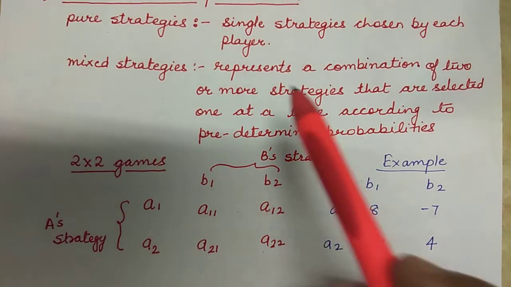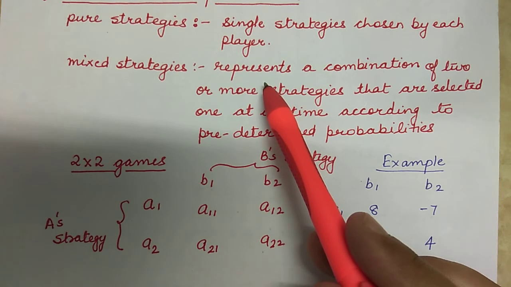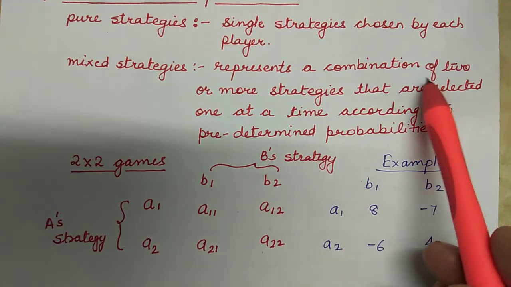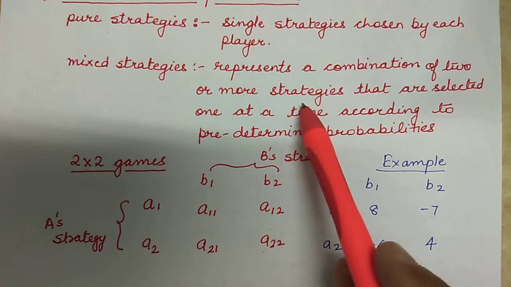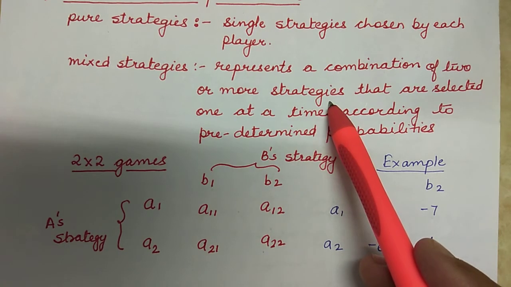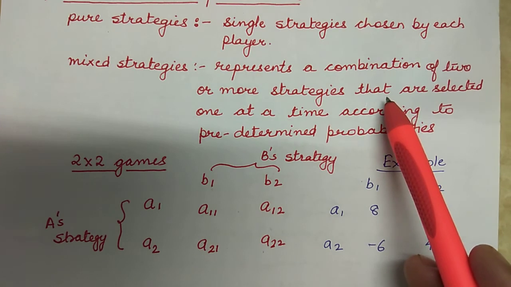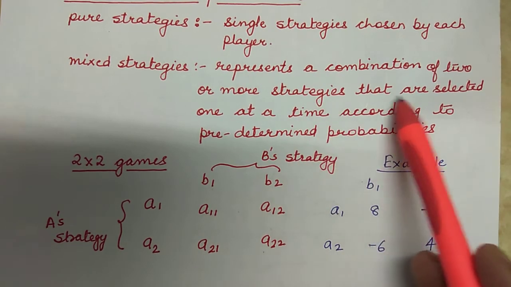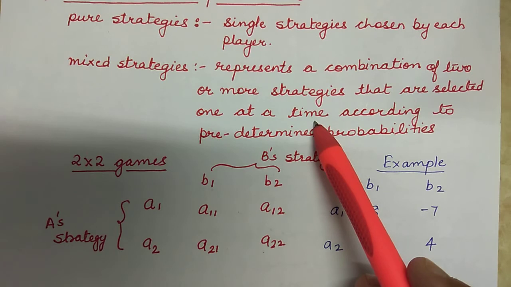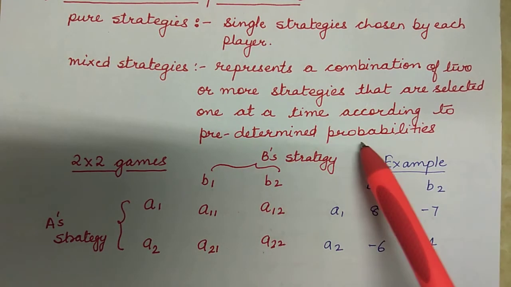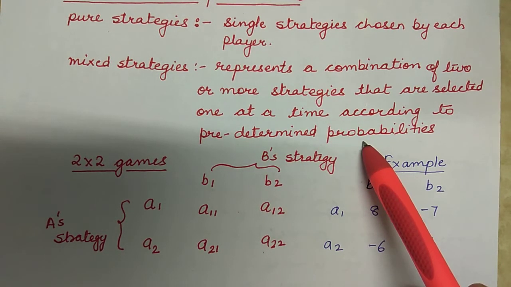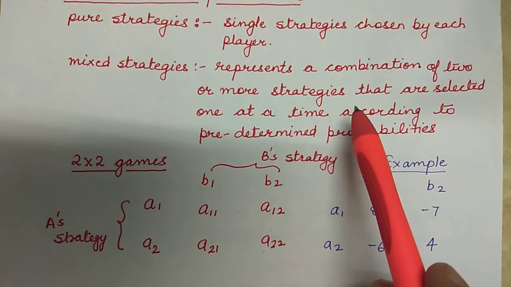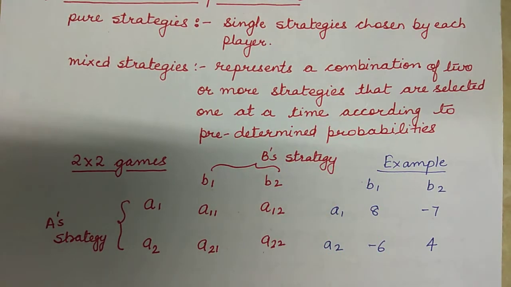So mixed strategies, we can define in this manner, that it represents a combination of two or more strategies that are selected one at a time according to predetermined probabilities. How these strategies are chosen, that we will discuss.